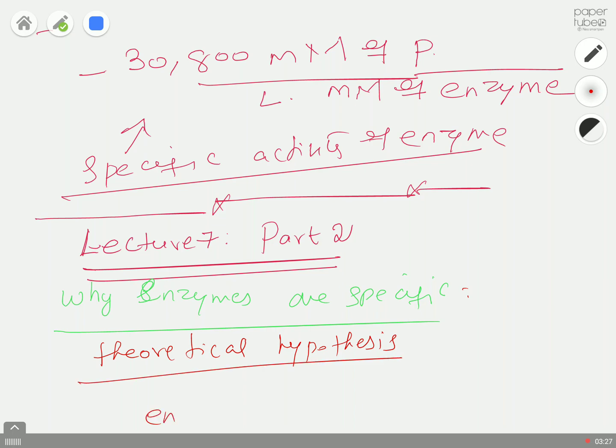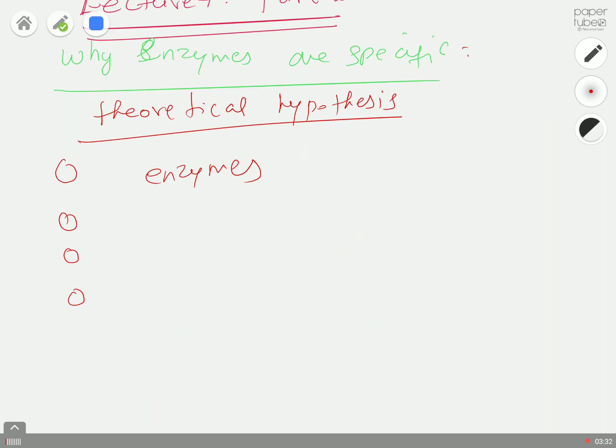As a reminder, if you have many reactants here, enzymes can recognize only one type of reactant and can produce only one type of product. It won't produce many products here. It will produce specifically one product.